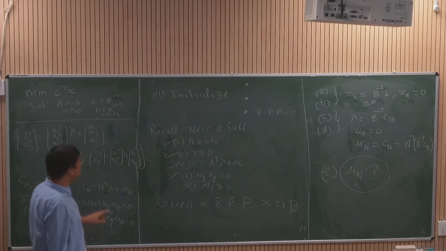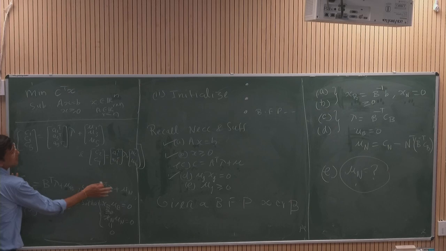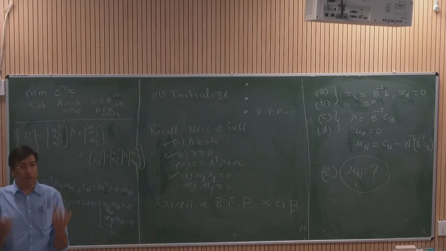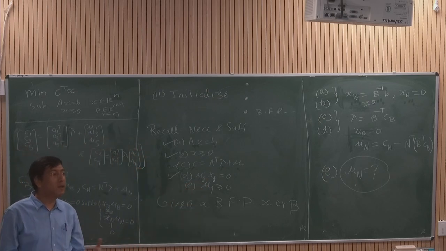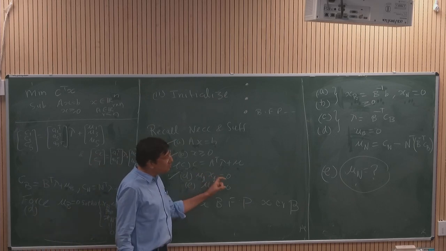Then we came to the C and D conditions. To take the C condition, we split it into 2 parts with CB and CN. When we look at CB and CN and then we look at the D condition, we have a degree of freedom in deciding what mu B would be. Because this is nothing but mu B xB and mu N xN.